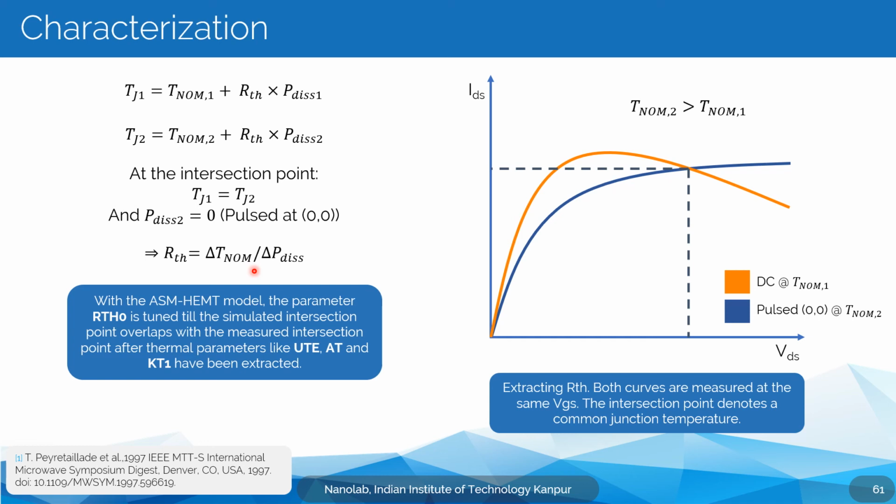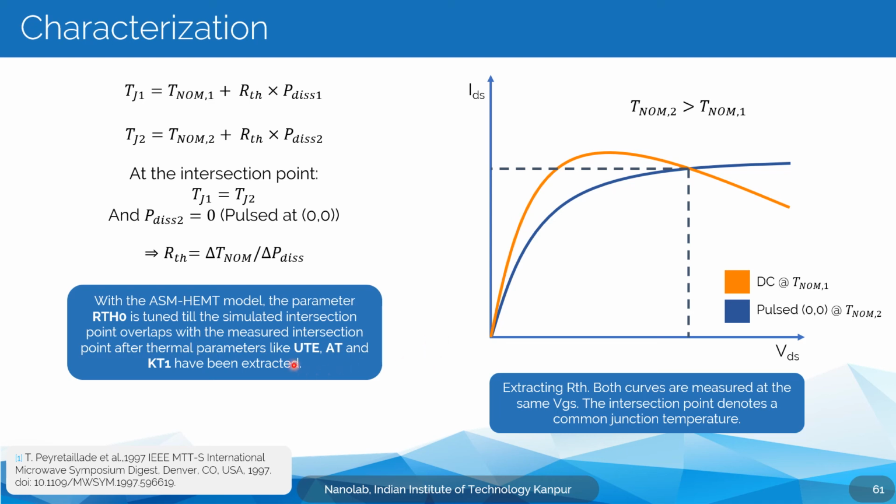Now this is how to extract this theoretically, but it's even easier if you have IC-CAP. What you have to do is take these measurements into IC-CAP, and then simulate using ASM-HEMT. After you simulate using ASM-HEMT, the first thing you have to do is extract the model at the nominal temperature. That is, say if you did the measurements at 25, you extract the model at 25.